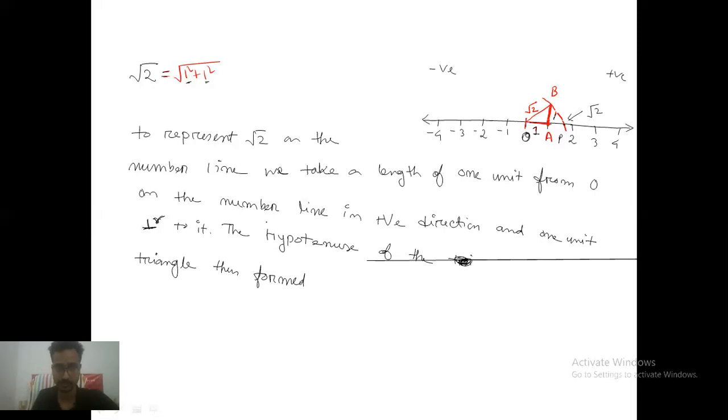This is the hypotenuse. Okay, it is not easy to write in the page, that's why the lines are not in order. Yes or no? Thus, perpendicular to it, full stop. The hypotenuse of the triangle thus formed is of length, how much? Of length √2, because this is the length of √2. Yes or no? √2.